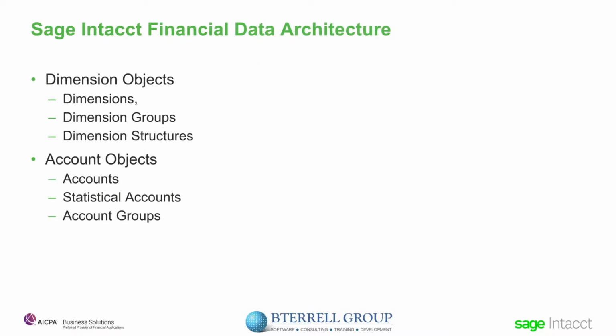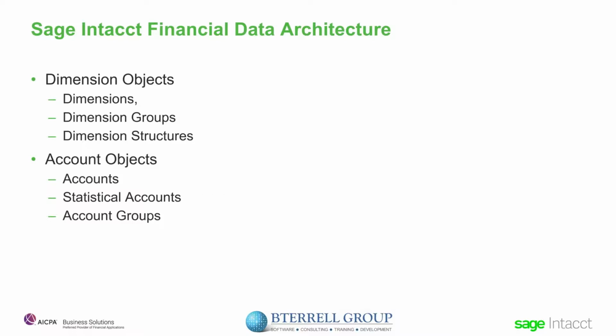So now that we've got that bit of business out of the way, we need to do a little bit of review of the data architecture so that we understand the objects that we'll be working with. That includes dimensions, whose number and names vary from company to company depending on what the company needs are.